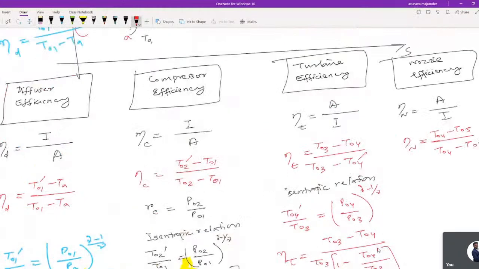Right. So let me do this as well, or you can do it yourself in case of lack of time. I'm just writing the final expression. T naught 4 minus T naught 5.